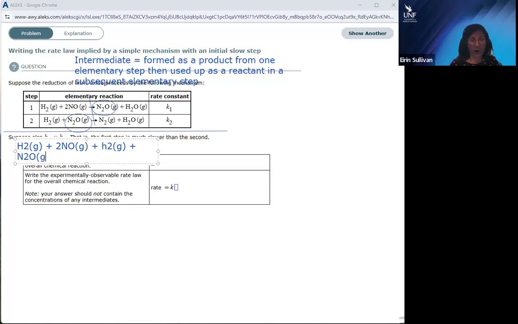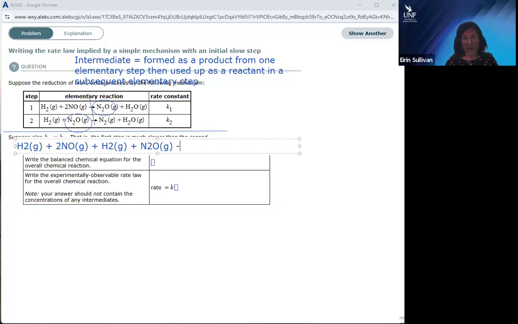So that is all our reactants that are present in step 1 and step 2. So then we're going to stick in a reaction arrow, a little bit like that. Sorry, it's not very pretty. And then on the right hand side, from step 1, we have N2O gas plus H2O, also a gas. And then from step 2, products, we have N2 gas, dinitrogen, and water gas.